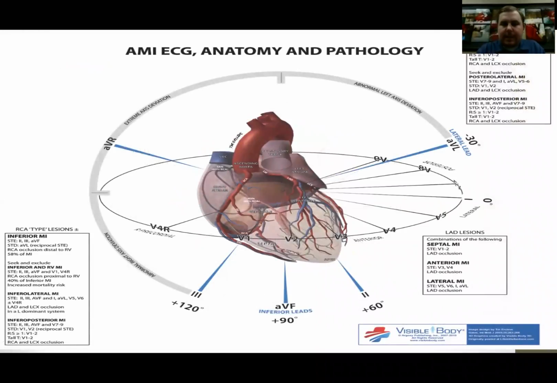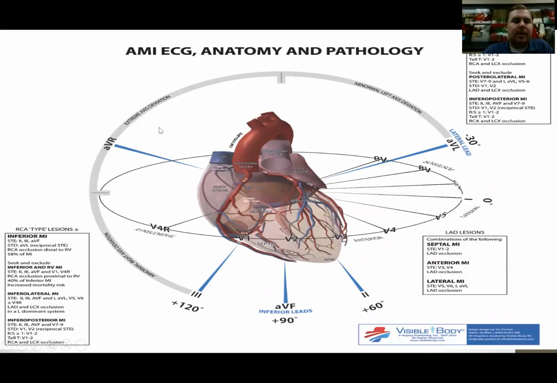This is probably my favorite picture for axis determination because it puts as close to a real heart as possible along with the hexaxial and the horizontal axis. So this has all the leads and it clearly points to where each lead is looking. Again, starting out with aVR. aVR is over here looking at the base, and right here the aortic root and the coronary arteries come off.